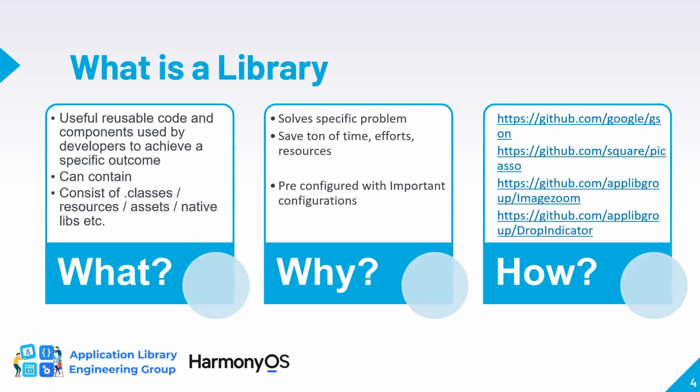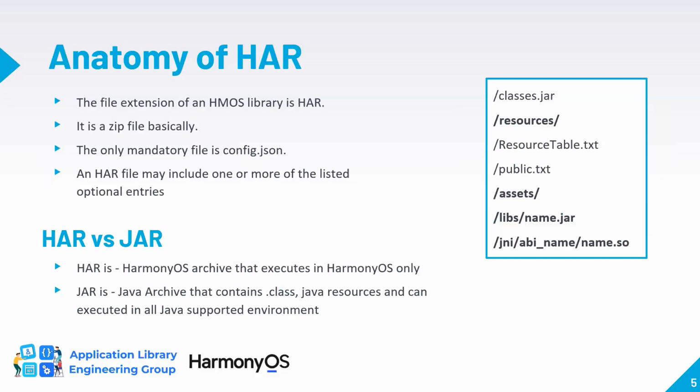For example, ImageZoom is a library which community people and contributors have written for zooming images. So lots of features are there, and drop indicator. So there are lots of ways in which we can use it. We'll come to more details in our later sections.